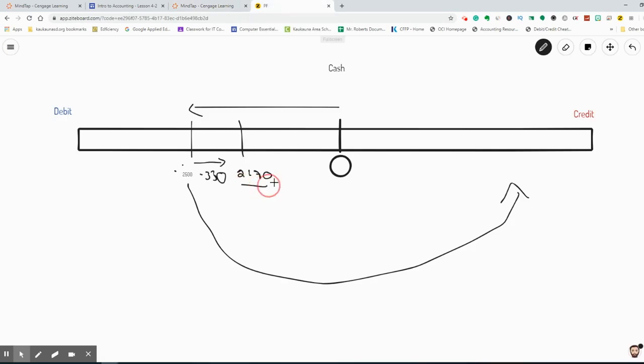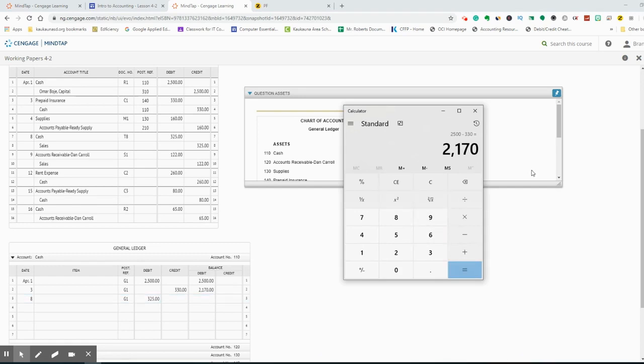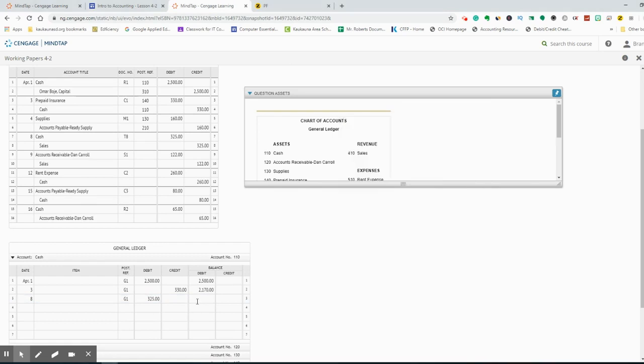So remember, we had this 2170 here and we are adding a debit. So it's going to make the balance go this way, right? It's going to continue moving it further down the debit side. So let's go ahead here. 2170 plus the 325 is 2495, and it's still a debit balance. Last thing we do is write the post reference number, or write our account number in the post reference column.